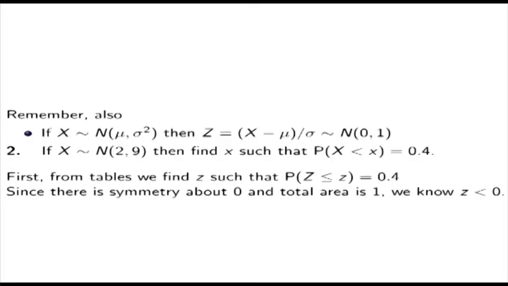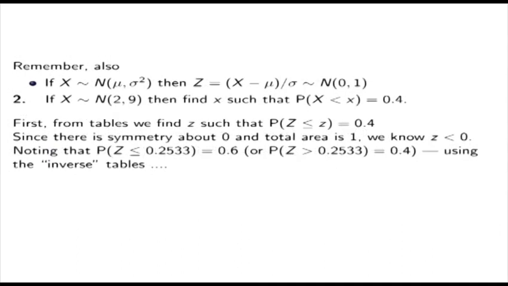Well, we can't do that directly because that won't be in our tables, but because there's symmetry and the total area is 1, we know that this little z must be less than 0. It's the area up to a value little z, and the answer is less than a half, so we know that z is going to be less than 0. If it's bigger than 0, the probability will be bigger than a half.